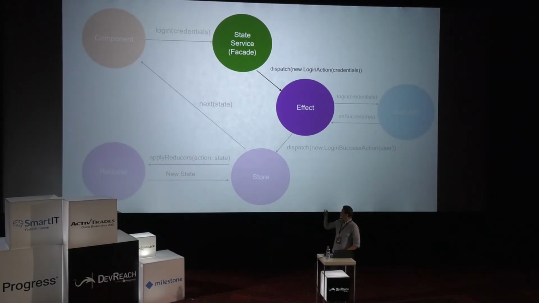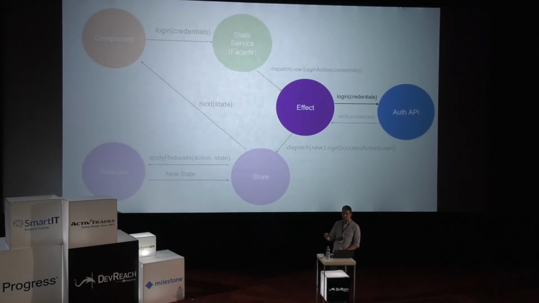So when our action gets intercepted by an effect, we can then communicate, and we can do it in isolation. We can communicate with our remote API by calling its method. Now this is part of our data layer, and the authentication API, for example, knows when to make a request or where to make a request.